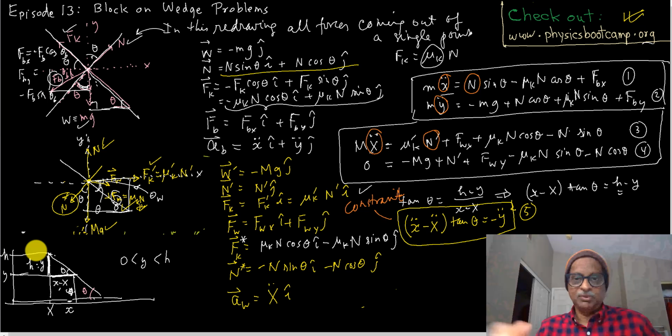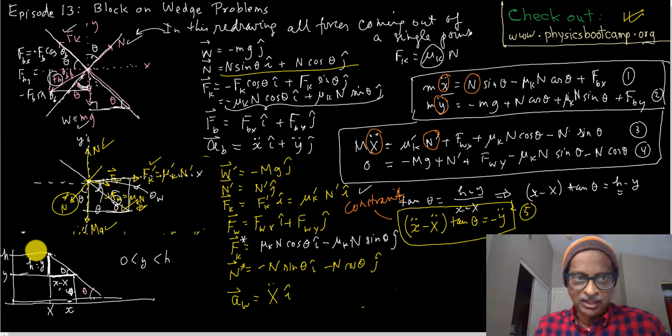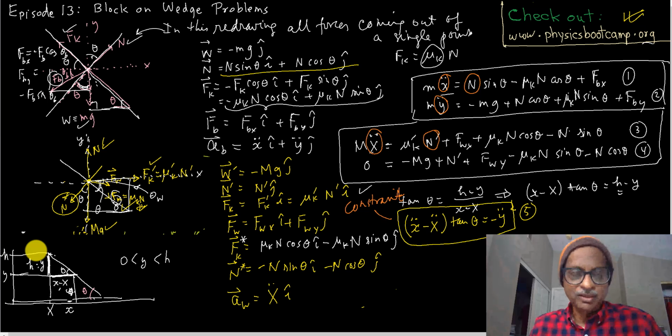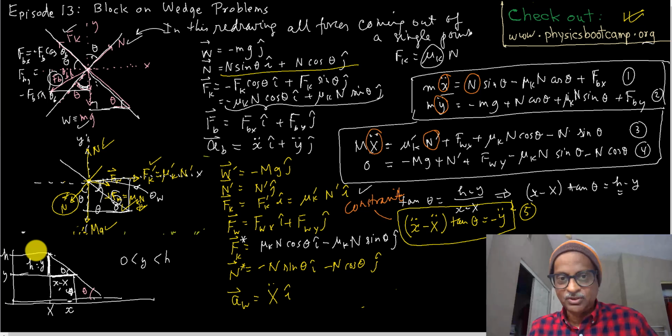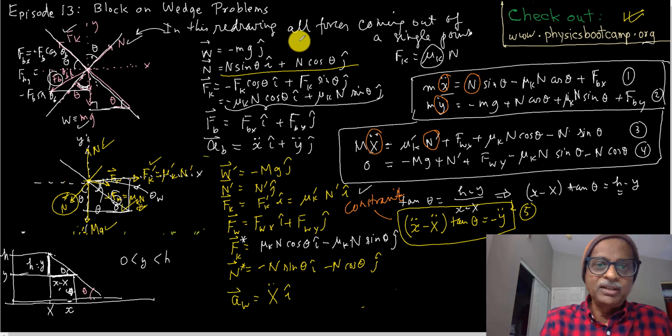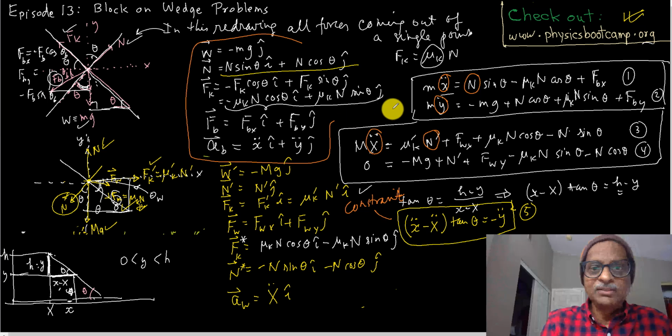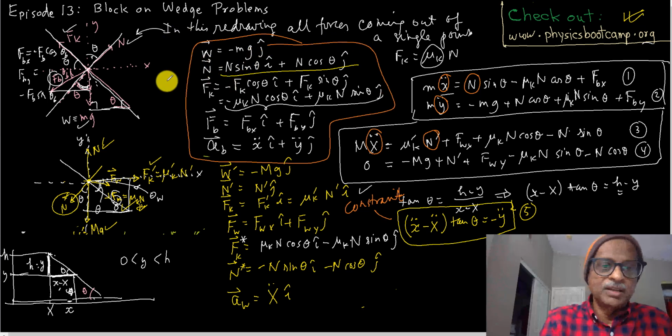I think I'm going to stop here. This should give an idea of the procedure that it takes to actually set up a problem like block on wedge, even a more difficult problem like this. You just have to have patience and go over this algebraically. I find just writing these as vectors is very important.